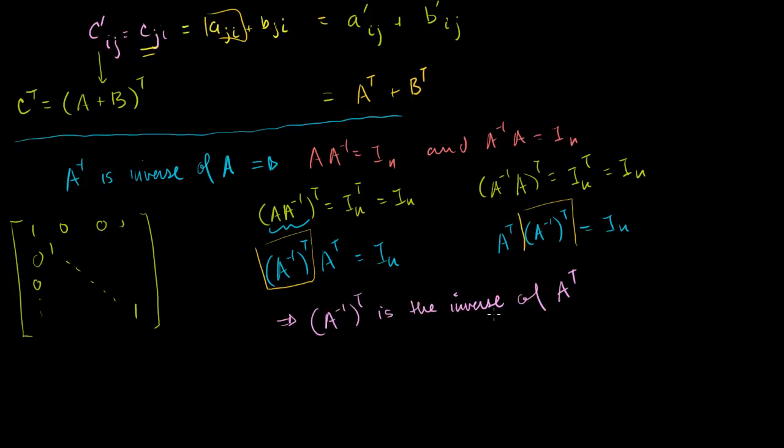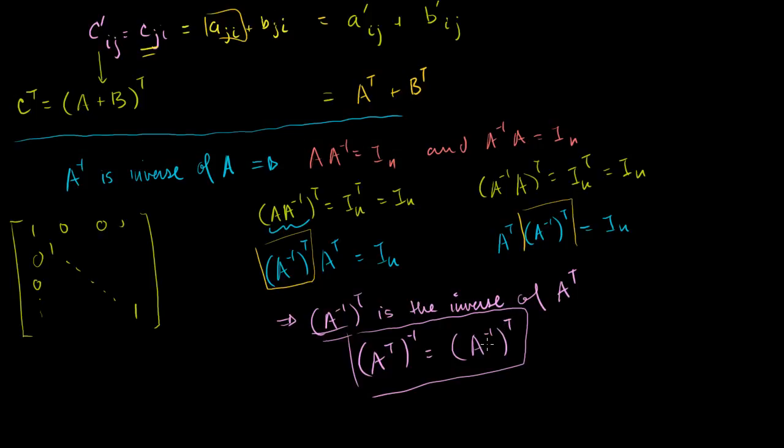Or another way of writing that is if I take A transpose and if I take its inverse, that is going to be equal to this guy. It's going to be equal to A inverse transpose. So another neat outcome dealing with transposes. If you take the inverse of the transpose, it's the same thing as the transpose of the inverse.